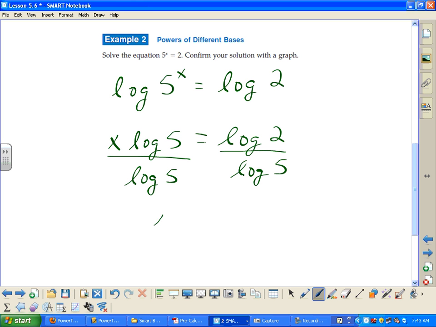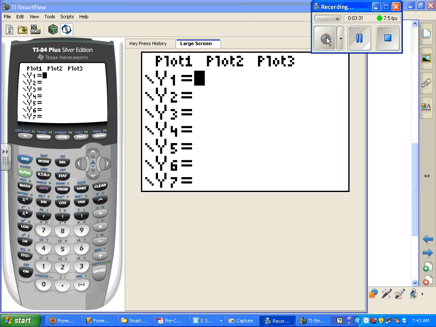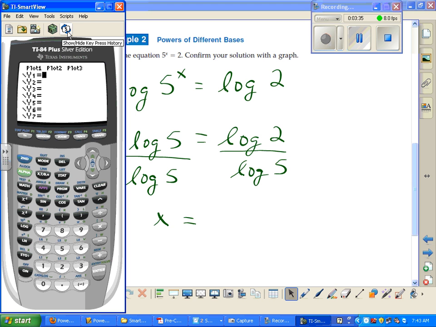So we get x equals, and let me pause this for a second. Okay, we'll take our calculator and do the log of 2, close the parenthesis, and divide by the log of 5. And we get approximately 0.431.